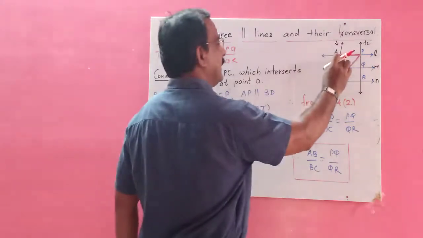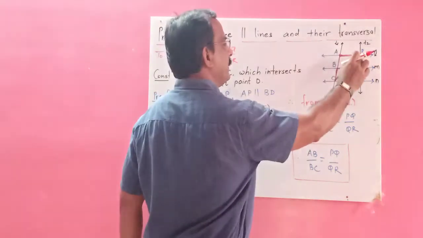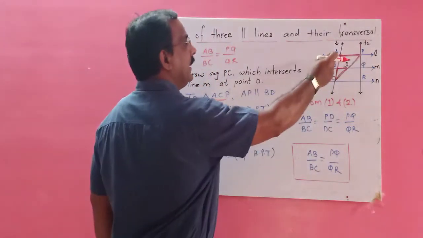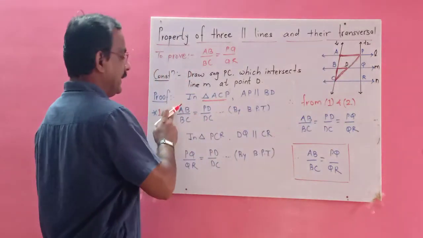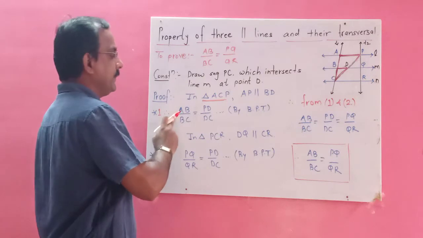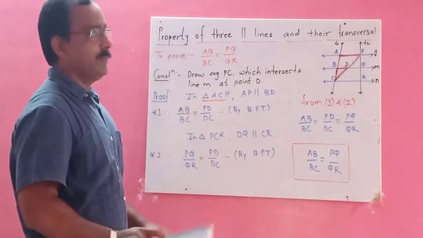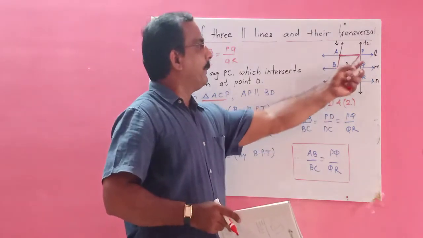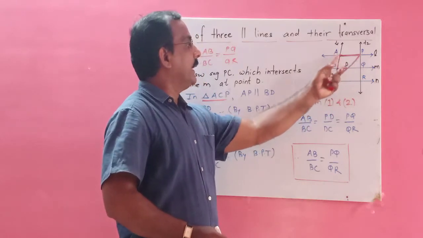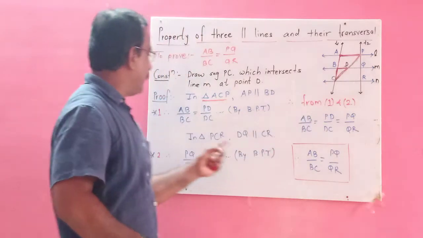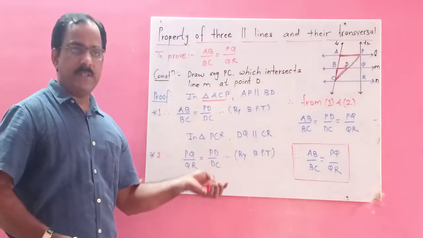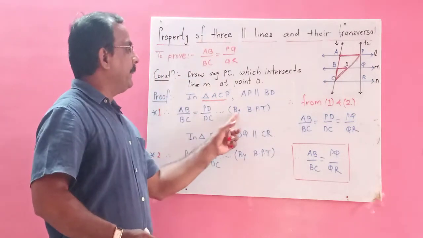So apply BPT in triangle ACP. What you will get? AB upon BC is equal to PD upon DC. And what is the reason? By BPT.